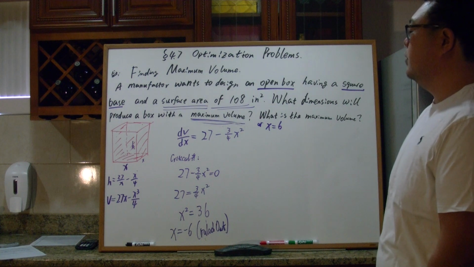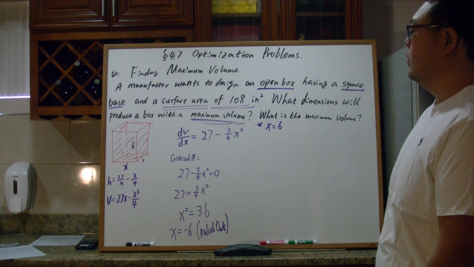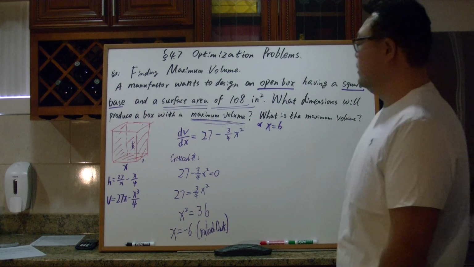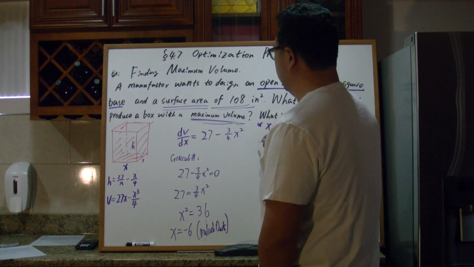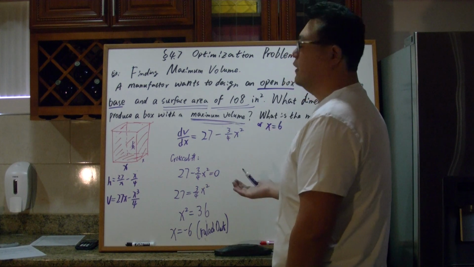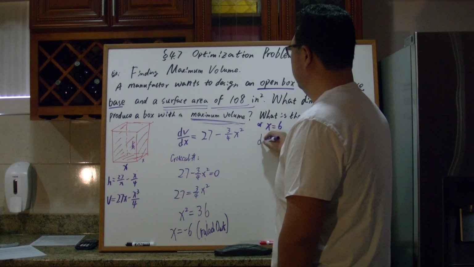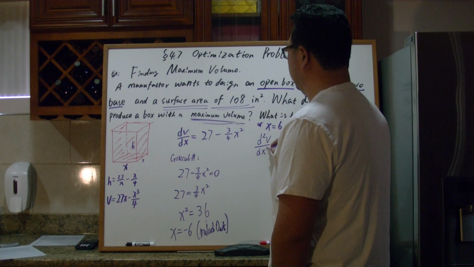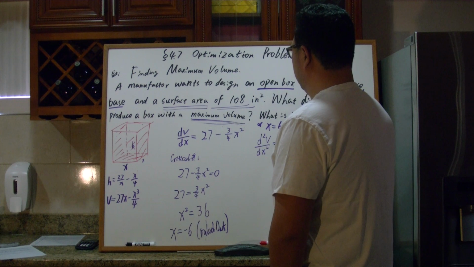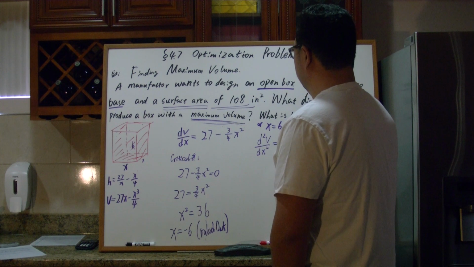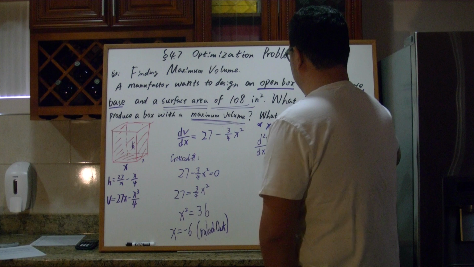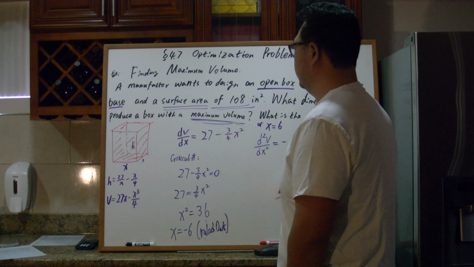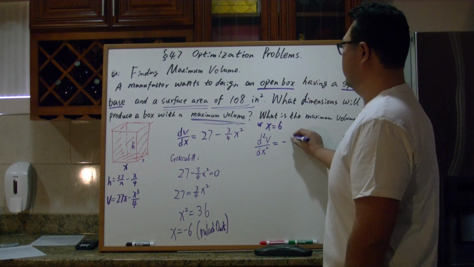It may or may not be our relative extrema, so we need to use the second derivative test. If you want, you could use the first derivative test, but it is always a little harder. The second derivative test helps us find out the result. The second derivative is negative 6 over 4, that's 3/2 x.